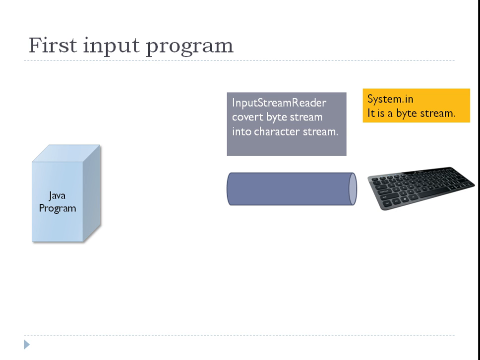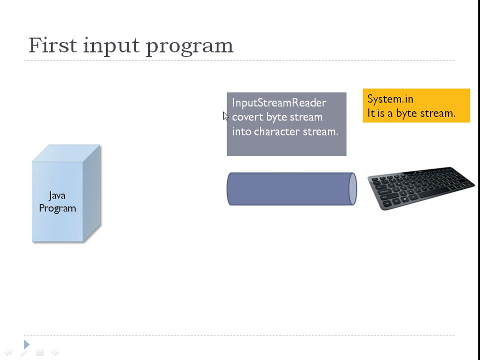Just wrap the byte stream using a character stream. The character stream class is InputStreamReader. If you create an object of this class on top of System.in, it will convert this byte stream into a character stream. Now this InputStreamReader class allows flowing of one character at a time.